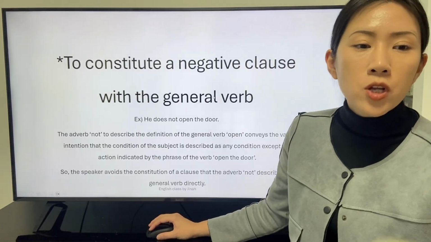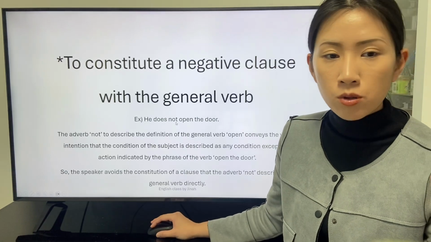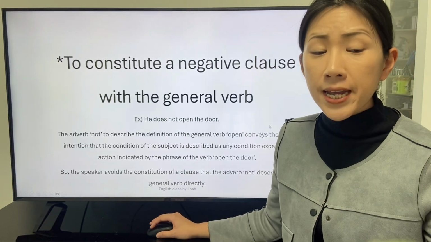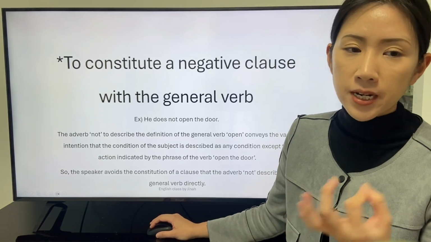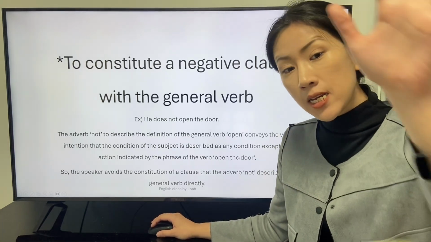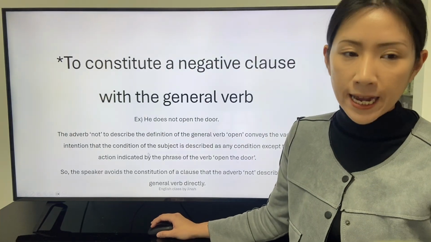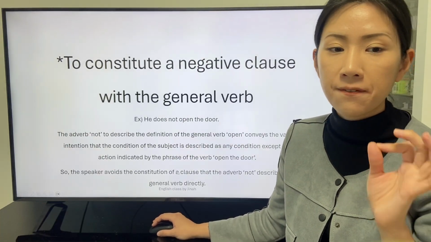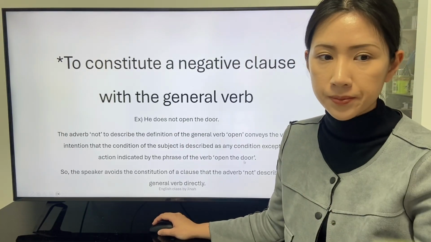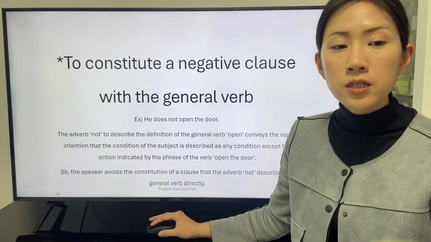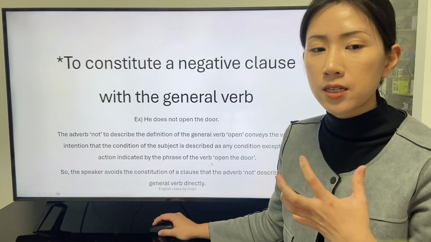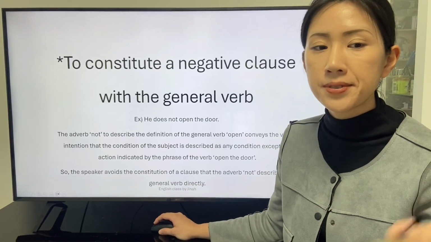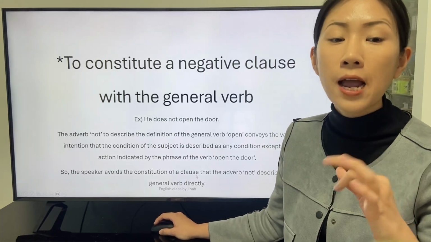The adverb not to describe the definition of the general verb open conveys the vague intention that the condition of the subject is described as any condition except the action indicated by the phrase of the verb open the door. So the speaker avoids the constitution of a clause that the adverb not describes the general verb directly.